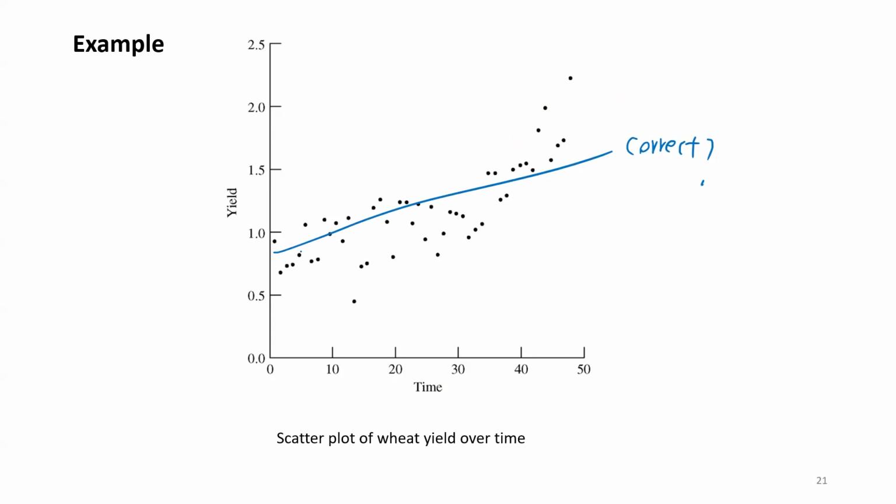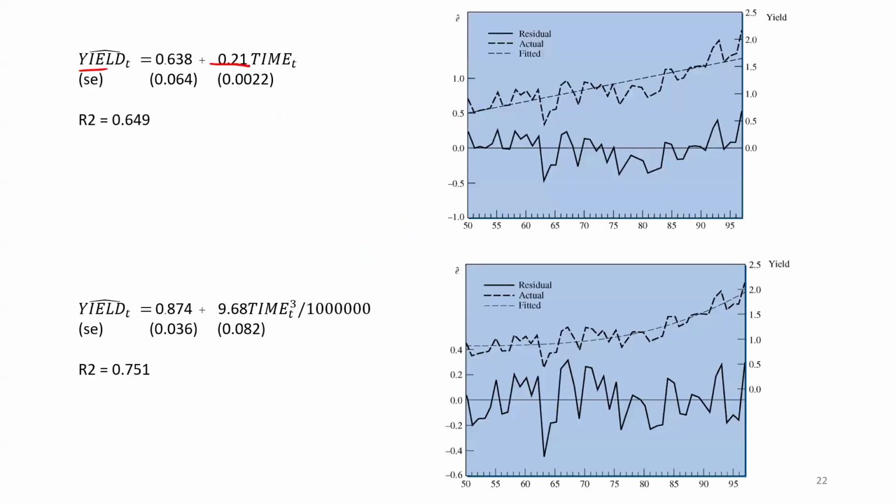Because if you see the data, it must be something like this, not this one. So they try to make this equation. Then they get an R squared. What does it mean? Please tell me. R squared equals 0.649. It means 64.9% of the data fit the model.